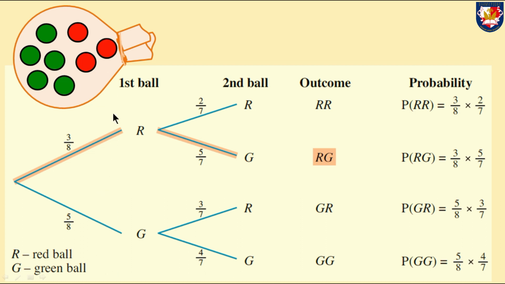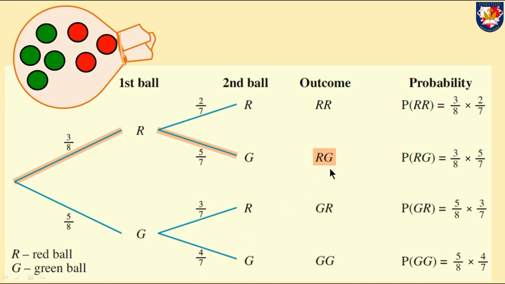Let's bring back the red ones. If the first ball drawn is green, the probability we get red in the second round is 3/7 and another green is 4/7, because there are 4 green balls and 3 red balls remaining. So 3/7 and 4/7.